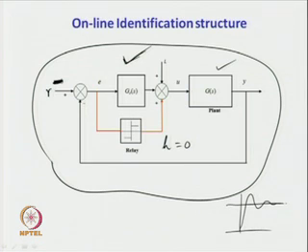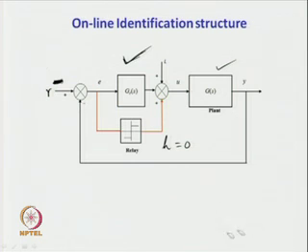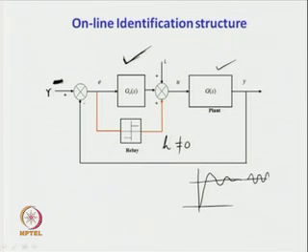We do not get limit cycle output when the relay is not in action. Whereas, when the relay amplitude is not equal to 0, we will get the output of the form limit cycle output superimposed over the steady state output of the process.